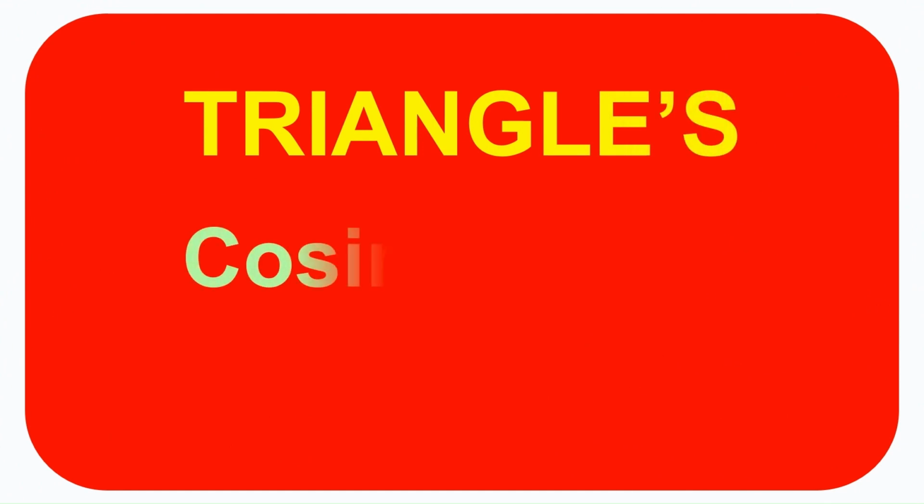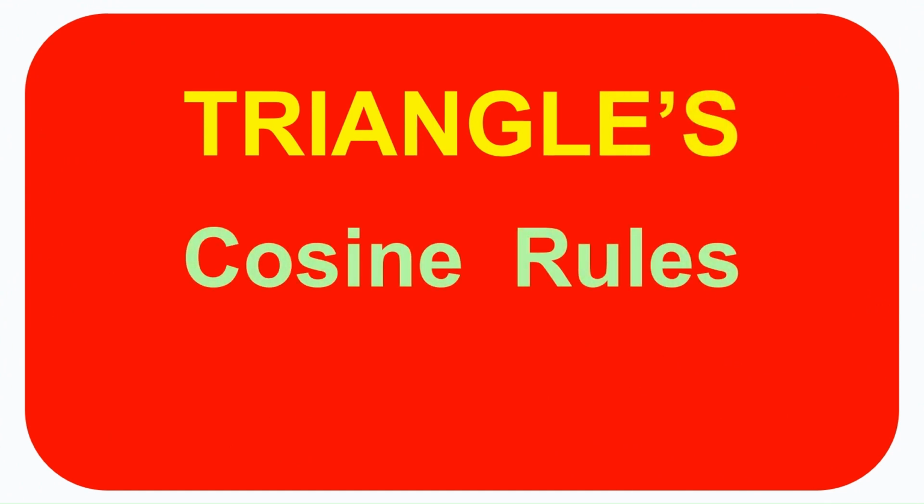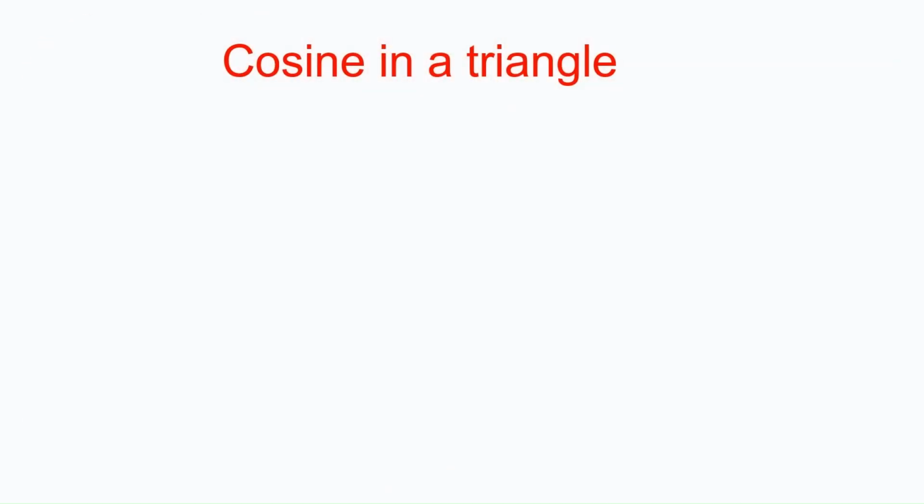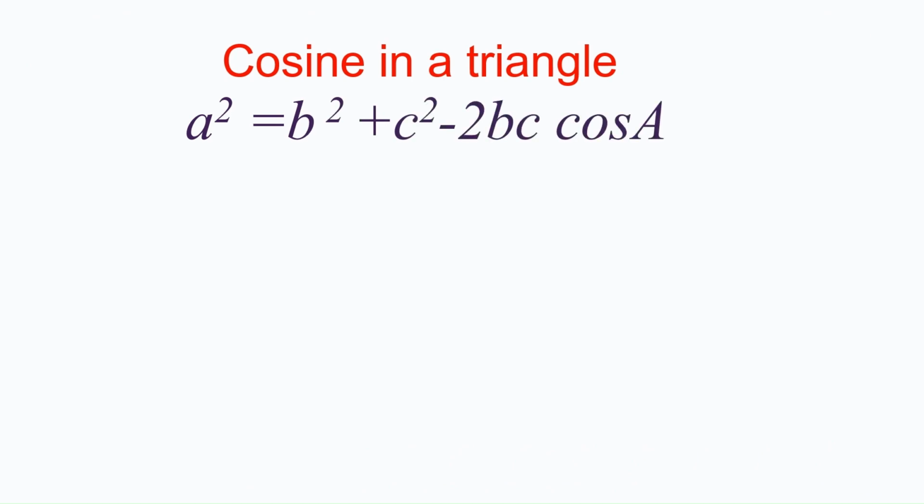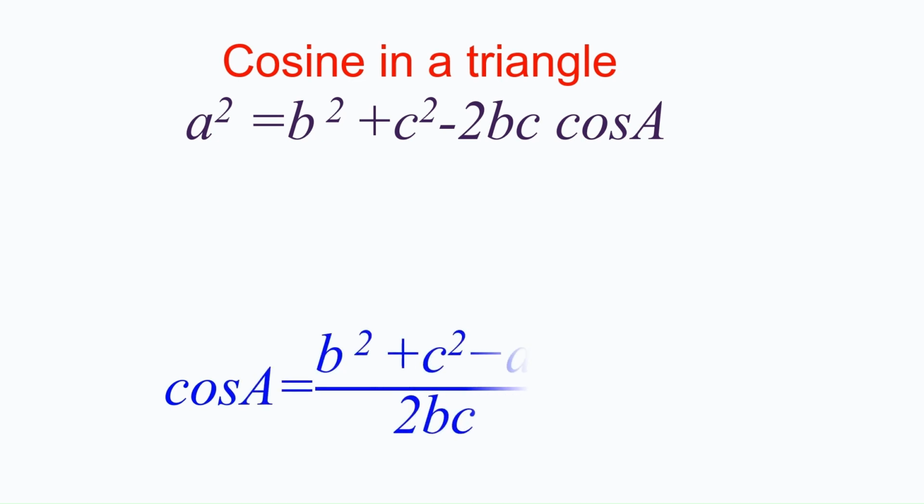We remind you of the cosine rule. Cosine in a triangle. a squared equals b squared plus c squared minus 2 times b multiplied by c and cosine of A, or cosine of A equals b squared plus c squared minus a squared, all divided by 2 times b multiplied by c.